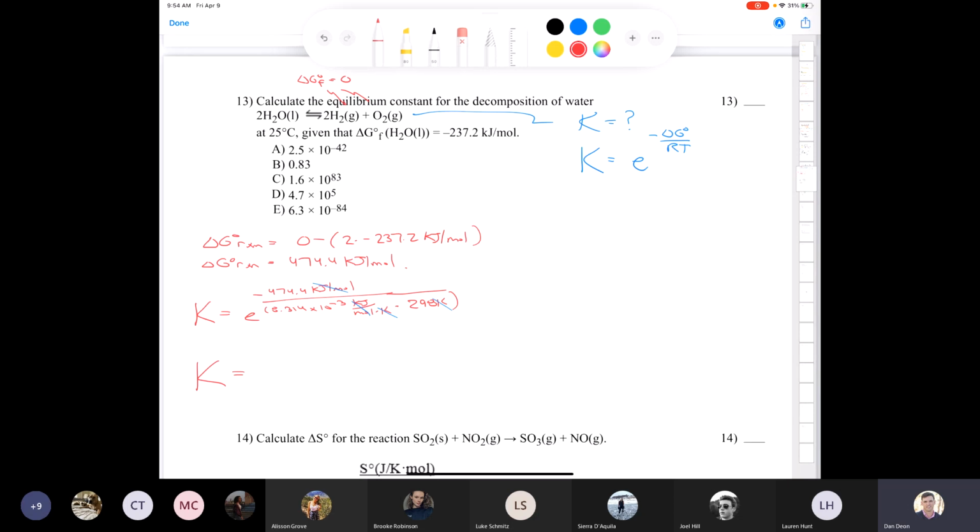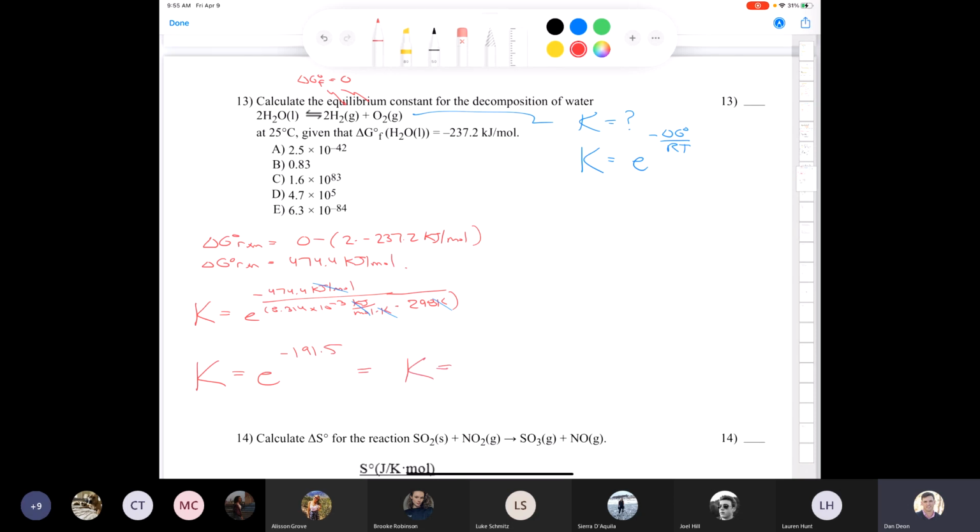Let's see here, divided by 8.314 times 10 to, shoot. Let's see here, 474.4 divided by 8.314 times 10 to the power of negative 3 times 298 gives you, yeah, I don't know here, negative 191.5.